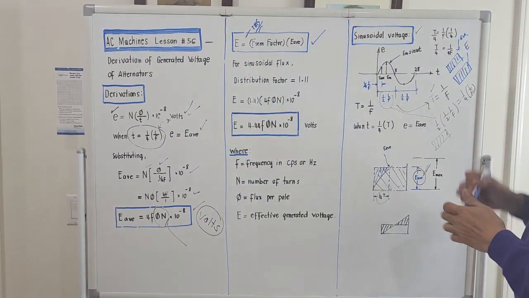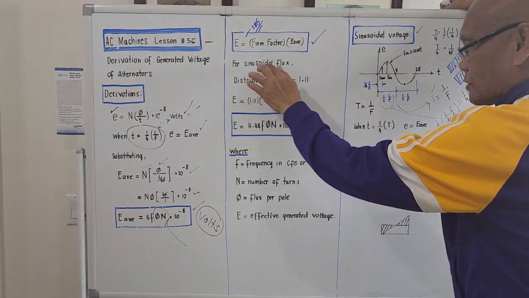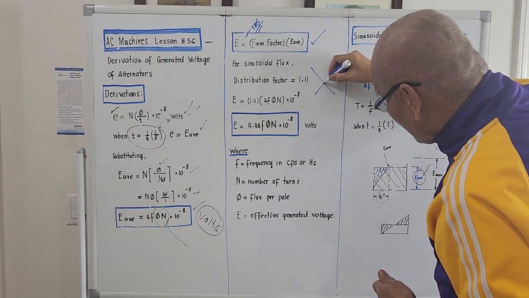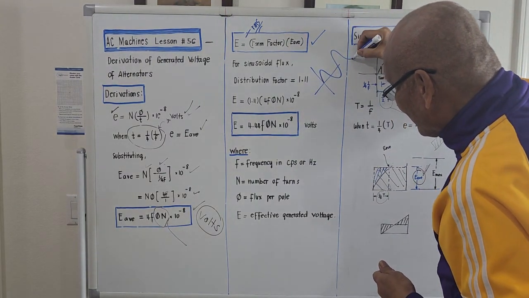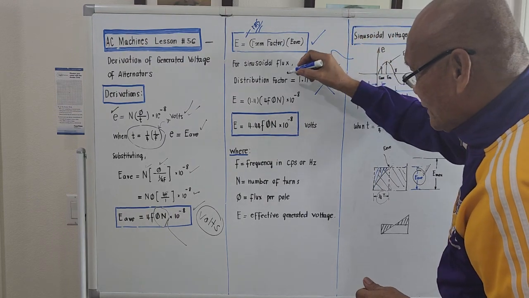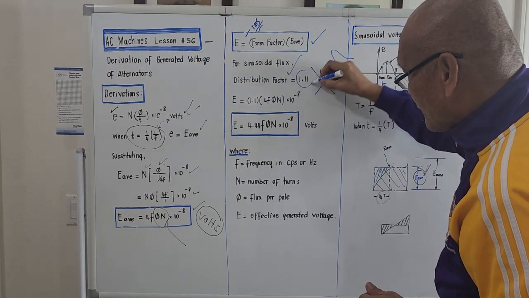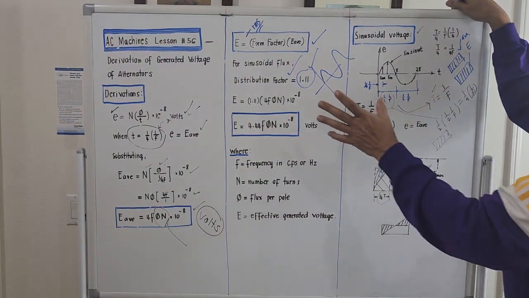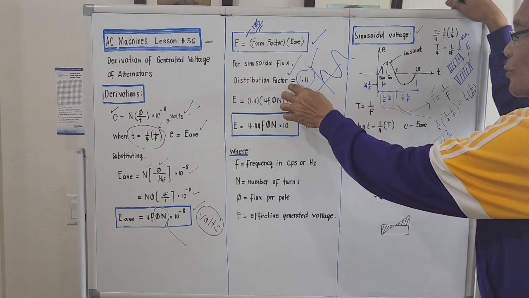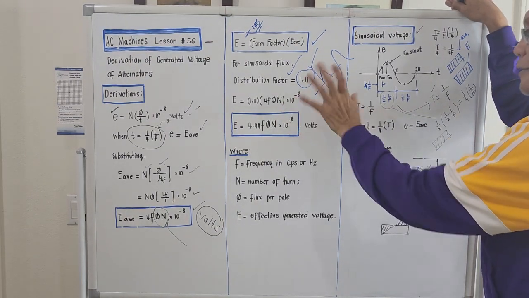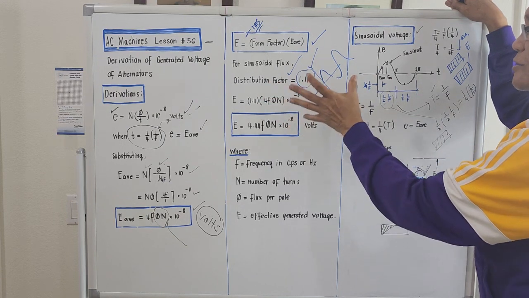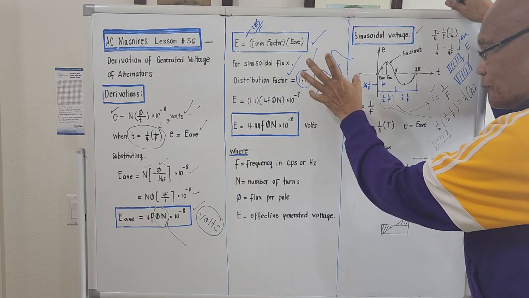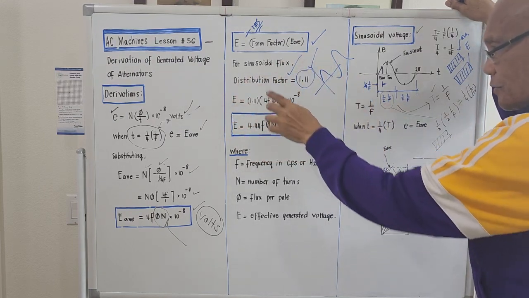So I place it here: for sinusoidal flux, meaning if the flux varies sinusoidally, the distribution factor will be 1.11. Maybe next time around, I will try to derive this formula 1.11. So here, we just accept that the distribution factor is 1.11 if the flux that interacts with the conductor is sinusoidal.